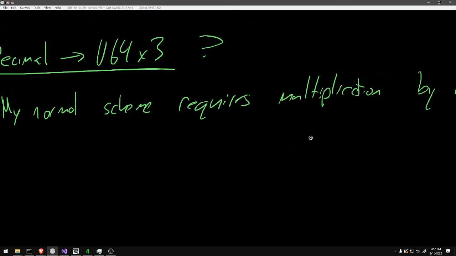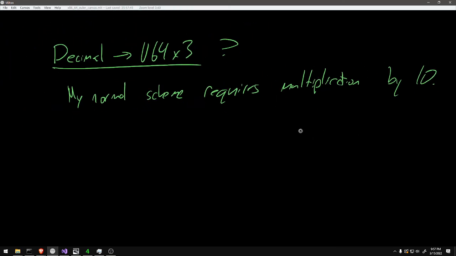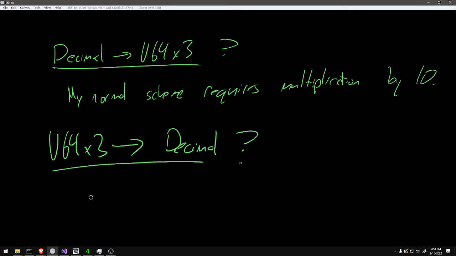Furthermore, if I were going to do U64 by 3 to decimal, then it goes the other way around. You have to be able to do division and modulo, so you have to get like the remainder.